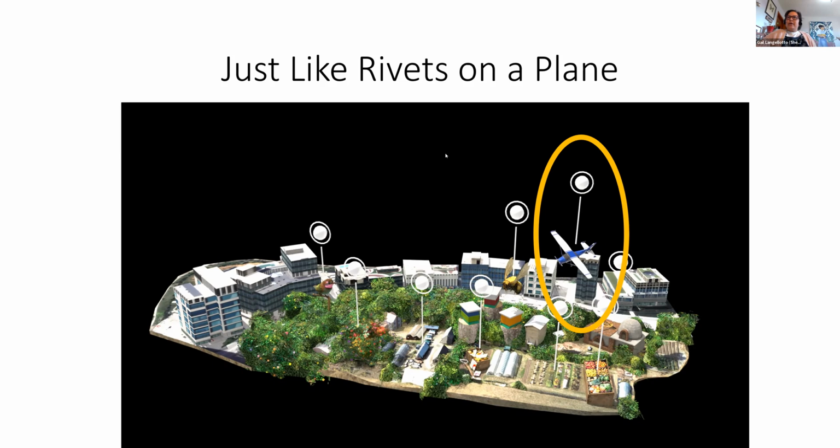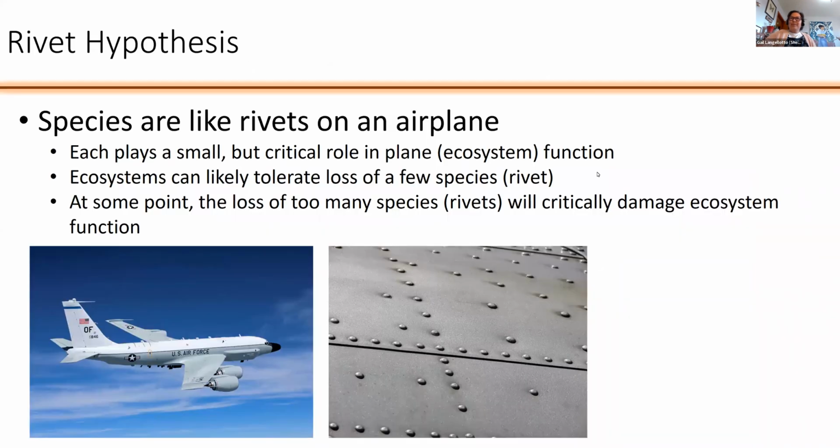When we talk about the decline in insect numbers, I want to equate that to a second pin that you can find on the Agroecology app, which is this little plane that you see flying right here. There's this hypothesis in ecology that suggests that species in an ecosystem are like rivets on a plane.